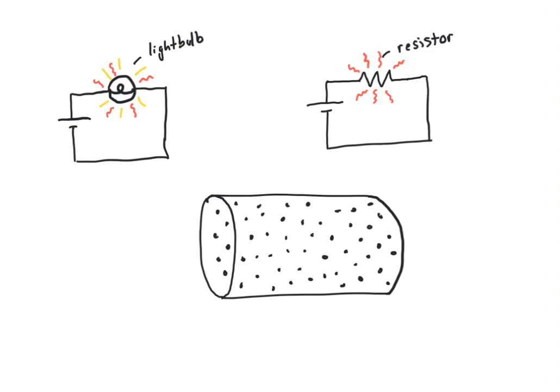As the charges are moving through, once in a while, more often than in a good conductor, the electrons will hit an atom and end up scattering. And that results in an obstacle to their motion.